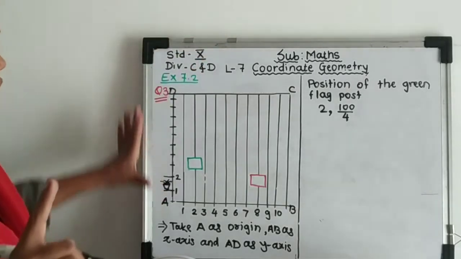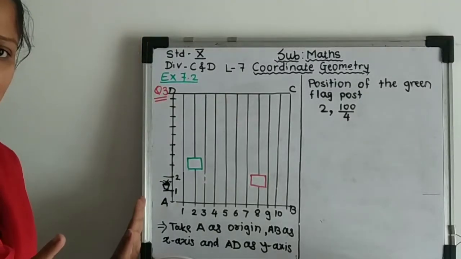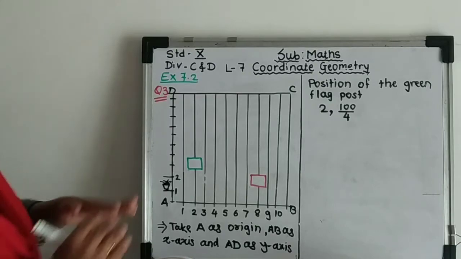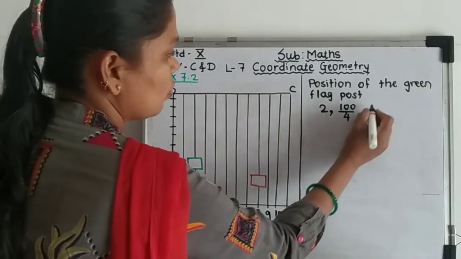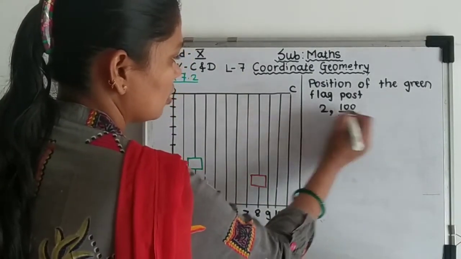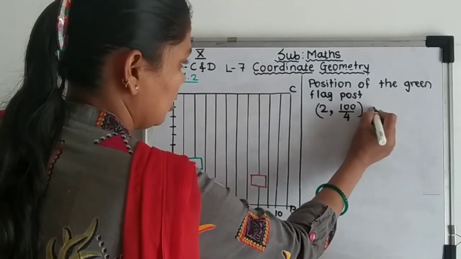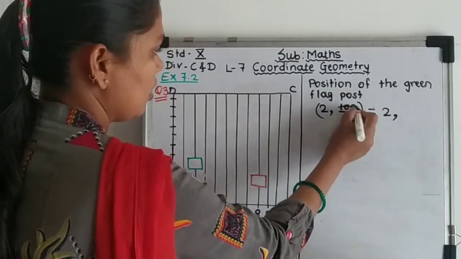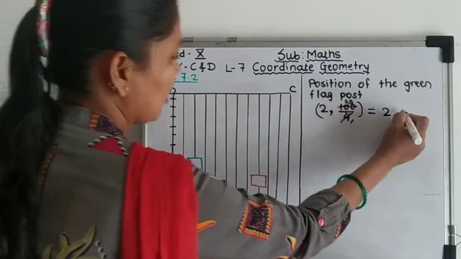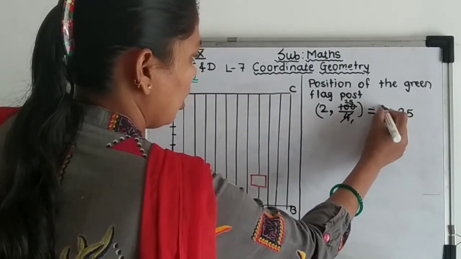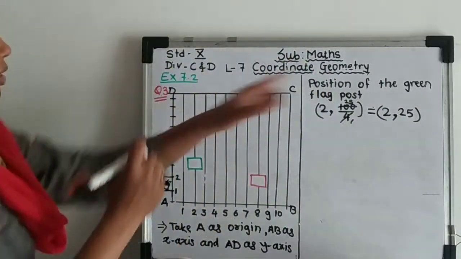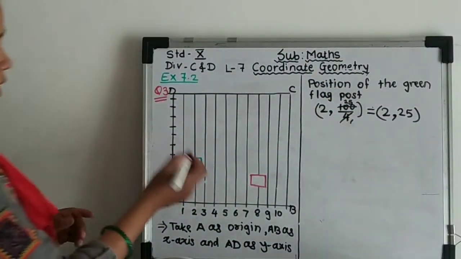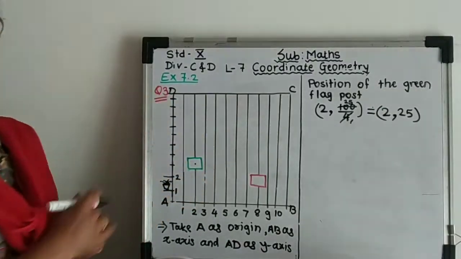So total distance on the y-axis is 100, and 1/4 of 100 is what she has covered. It equals 4 twenty-fives, which is 25. So the green flag post's position is (2, 25). So here, exactly somewhere at that (2, 25).